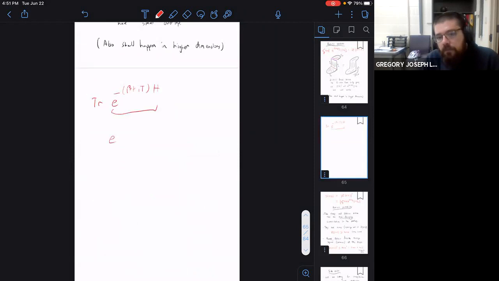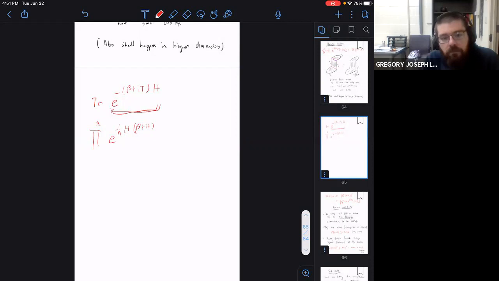One way of doing it is thinking about this as a product of terms, e to the epsilon h times beta plus it. You take a bunch of these, say epsilon is 1 over n, and we take a product of these up to n, and that'll give us this exponential here.